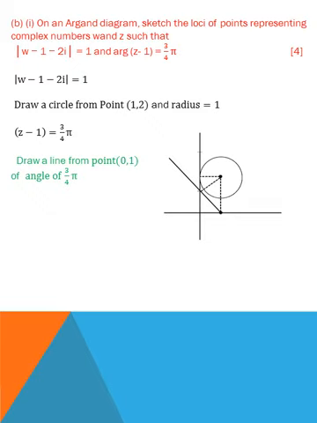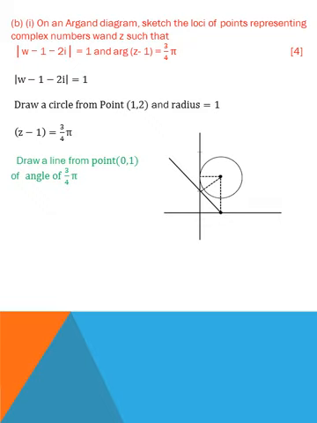When the question for an Argand diagram is in the form of modulus equal to some constant, you should always draw a circle from the point which is in the modulus form, and the constant will become the radius. So draw a circle from point 1, 2 and radius 1. First I draw a circle of radius 1 from point 1, 2, x is 1 and y is 2.